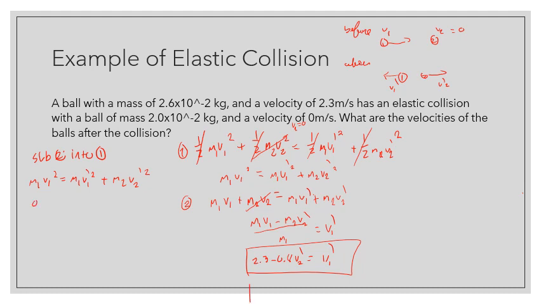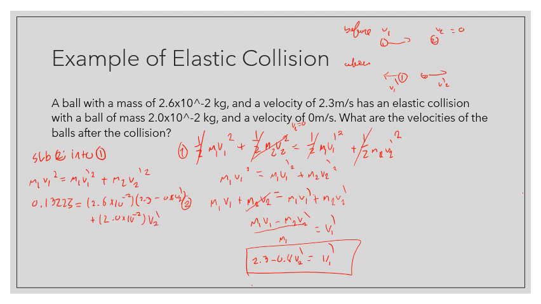The m1 times v1 squared comes out to be 0.13225, which is equal to 2.6 times 10 to the negative 2 times (2.3 minus 0.8 v2 prime) squared, plus 2.0 times 10 to the negative 2 times v2 prime squared. Sorry for the mess here.